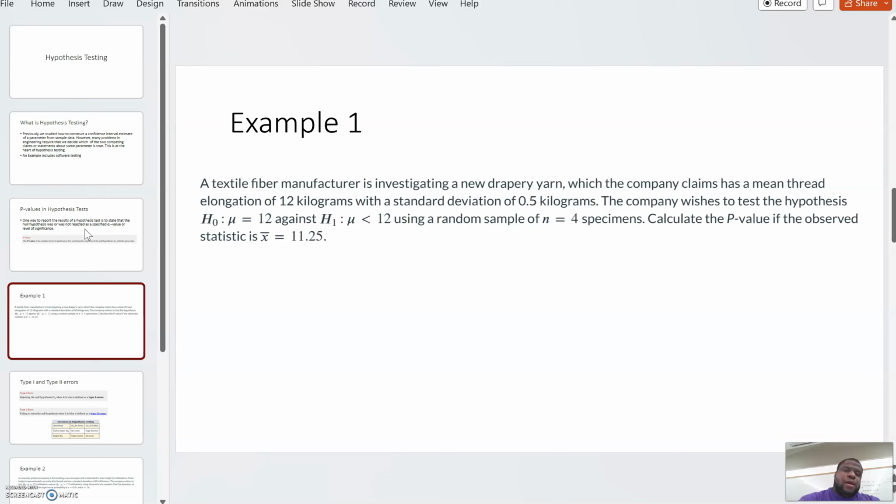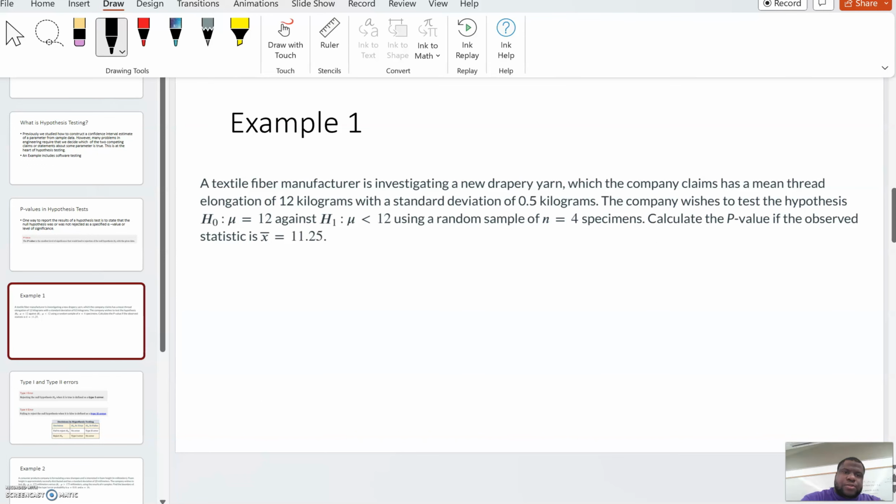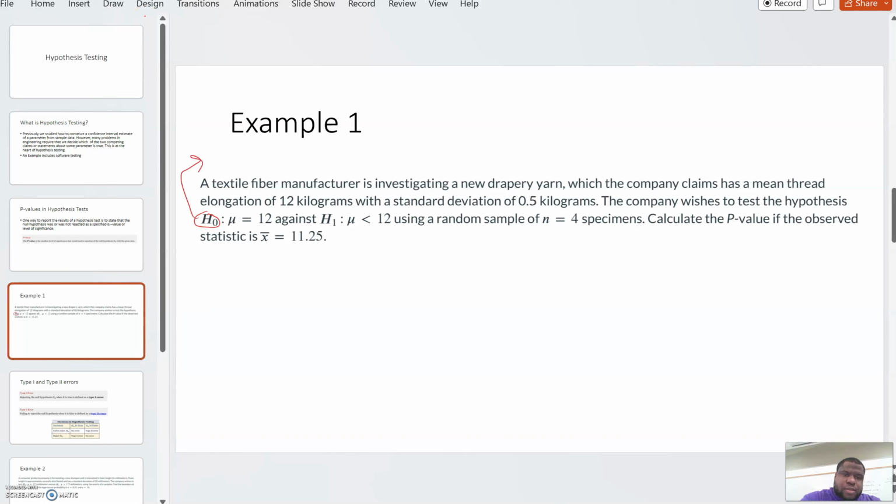So again, let me go to draw. This is the original claim, and this is our alternative claim, where our original claim is that it is 12 kilograms versus we are looking into an alternative claim that it is actually less than 12 kilograms.